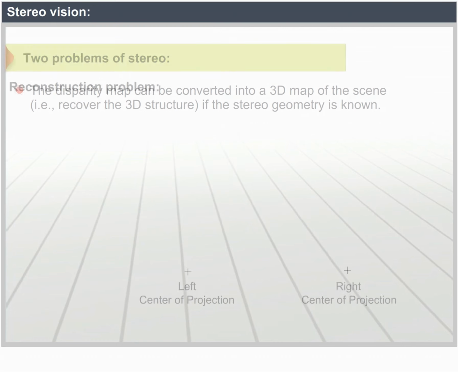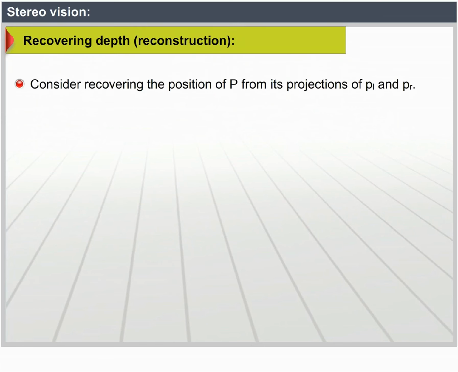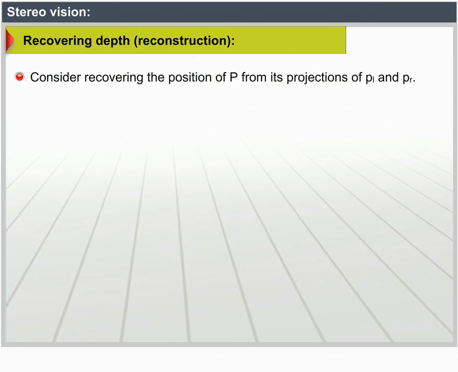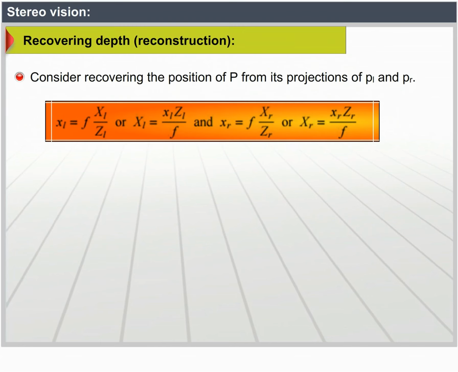Recovering depth reconstruction. Consider recovering the position of P from its projections PL and PR. xl equals f times x1 by z1, or xl equals x1 z1 by f, and xr equals f times xr by zr, or xr equals xr zr by f.